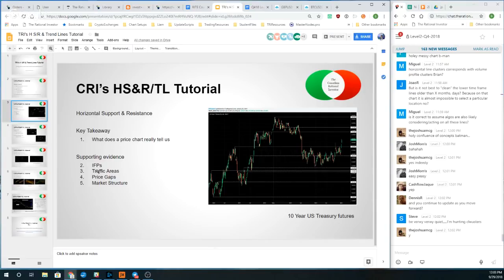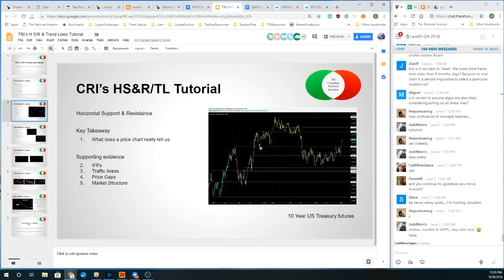What we have to understand is this idea of traffic areas, or what we call clusters. Then I also want you to be thinking about Wyckoff and market structure, and the way that markets can often move away from a horizontal support and resistance level. But remember, odds are the market is going to want to come back and trade at that level again. It's probably going to be a liquidity pool.